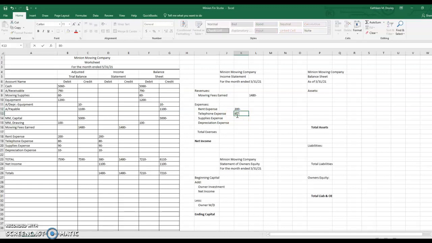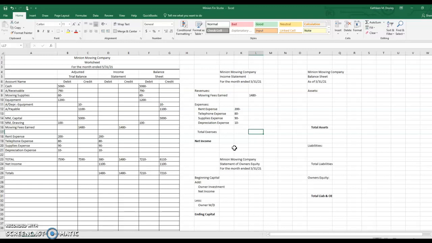All right. So we now have those listed in the detail column. We need to total those up. The total is going to go into the summary column.